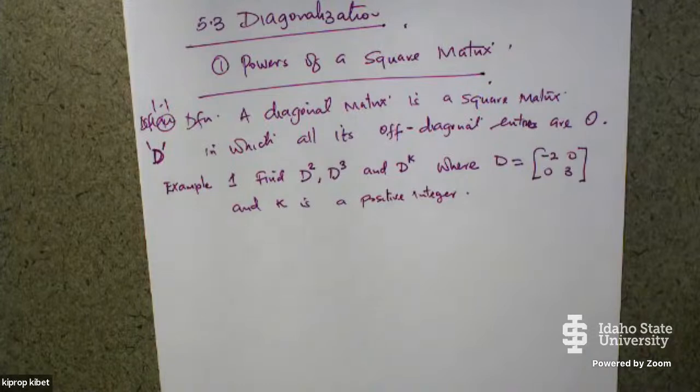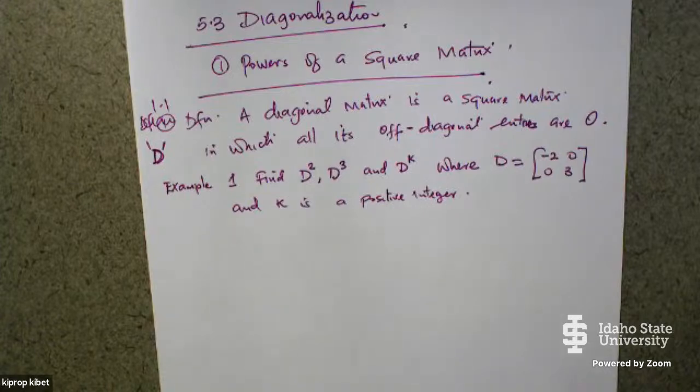D is a diagonal matrix because the entries on the diagonal are not zeros, but the entries off the diagonal are zeros. What's up there and what's down here are all zeros.